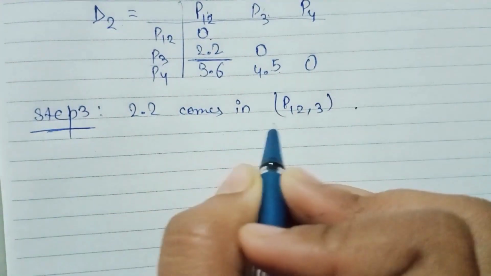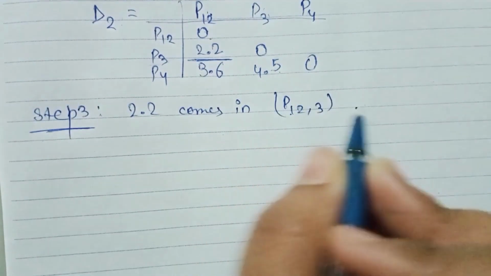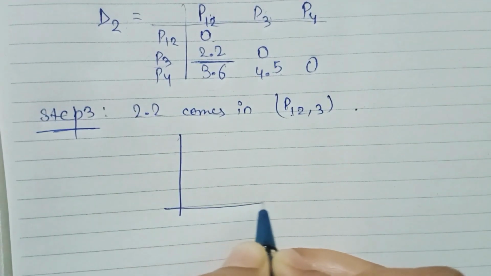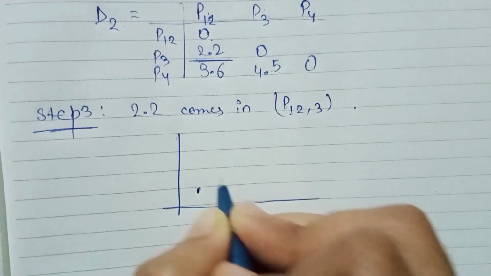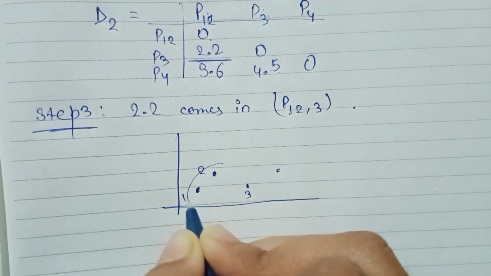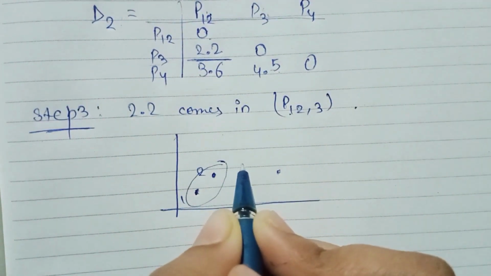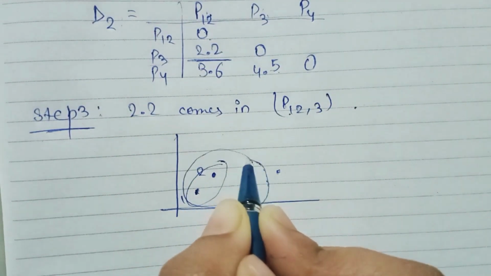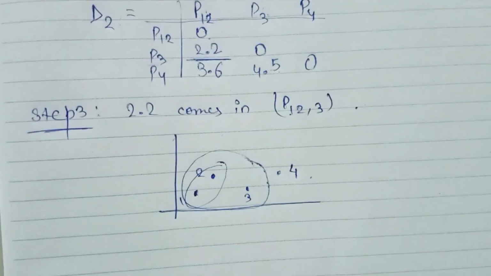So we will cluster the points 1, 2 with 3. Now 1, 2, 3 will be in a single cluster like this. At first it was 1, 2, 3, 4, and then the points 1, 2, 3 will be in a single cluster.